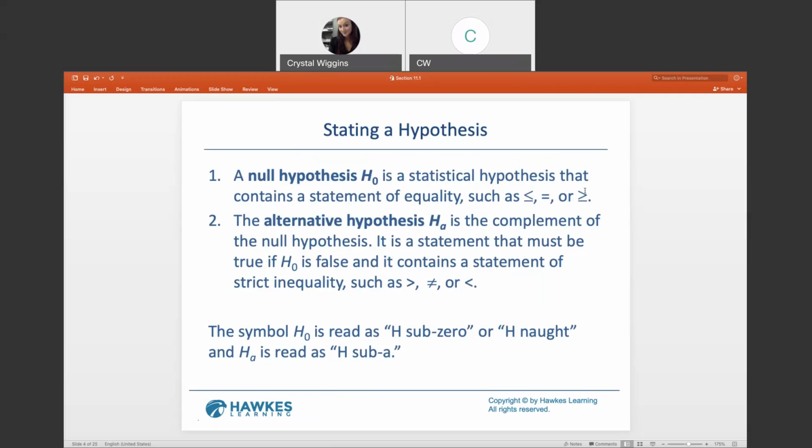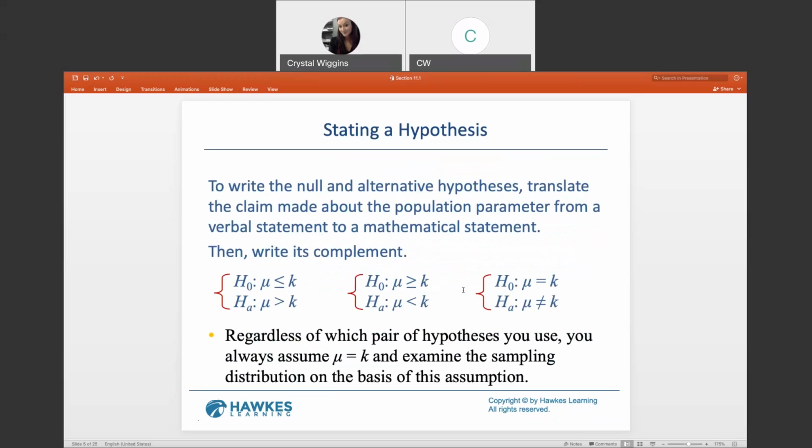And a greater than or equal to, the complement would be less than. And the only way that this works is if both hypotheses have the same number in them, because we are trying to cover the entire number line and not leave not one little smidgen out in order to build that complement. So here are your three possible setups.